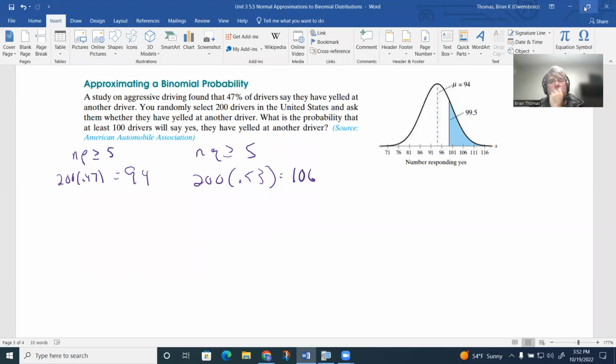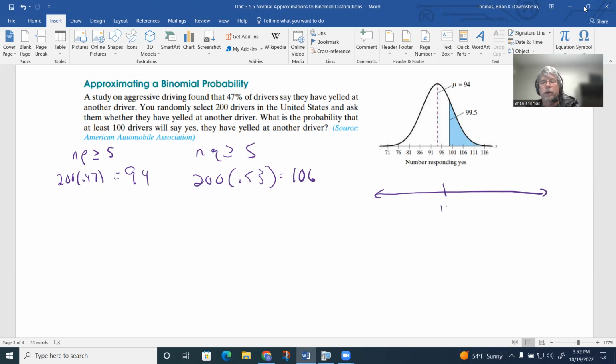All right, so what's the probability at least 100 drivers will say yes? So based on our normal approximation, again, I'm just going to draw a number line here as an easier way to do this because we need to do that correction for continuity.